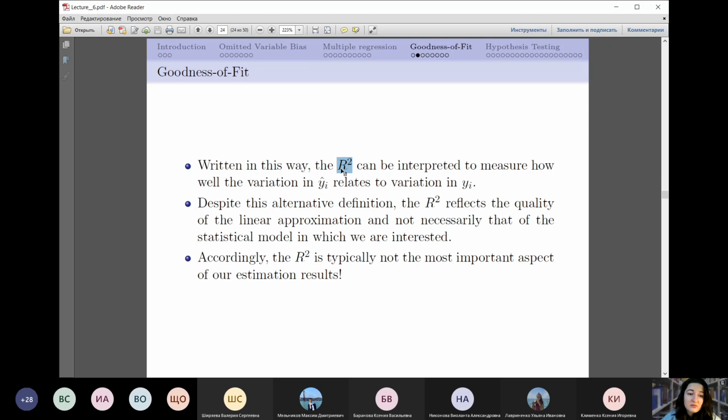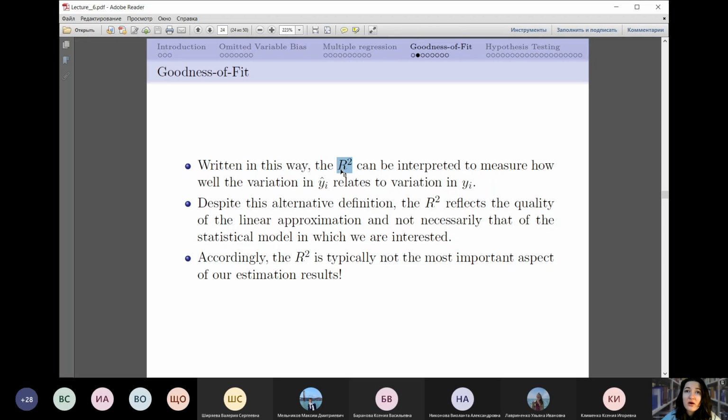What does it mean? It means that you haven't accounted for several factors that affect your dependent variable. But this doesn't mean that the factors you didn't include are correlated with the independent variables. Your model still could be unbiased, so your estimator still could be unbiased.